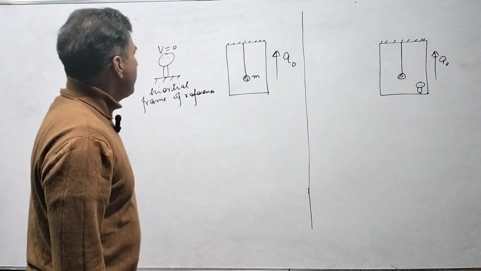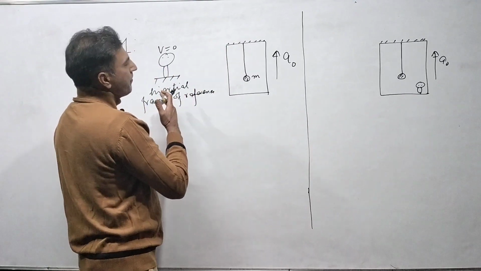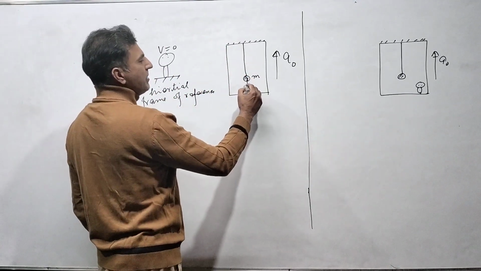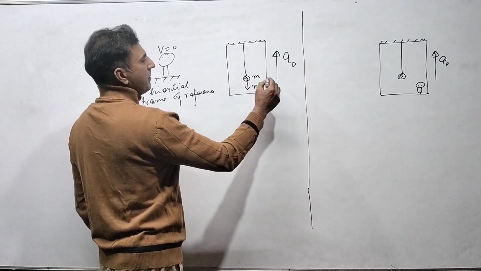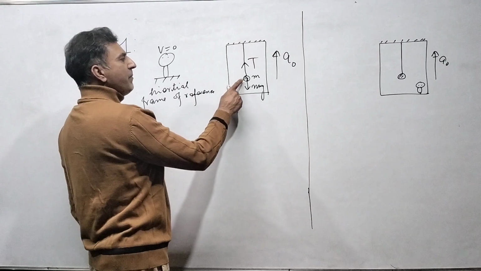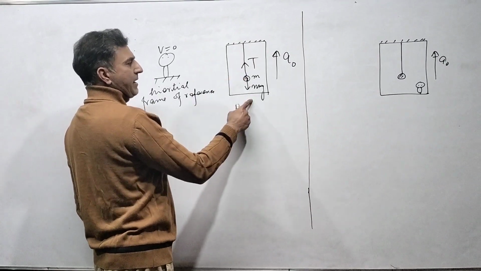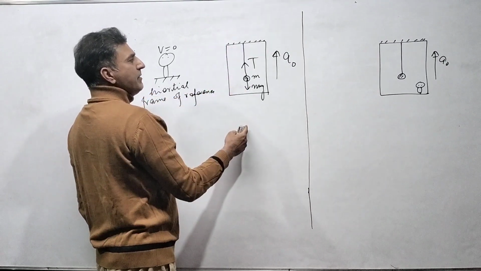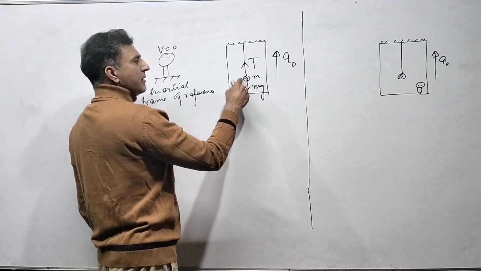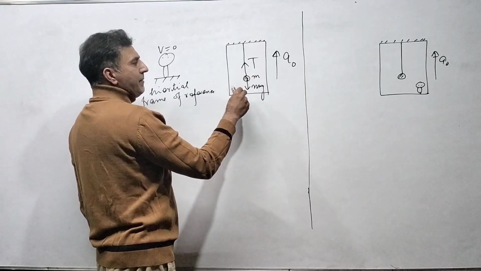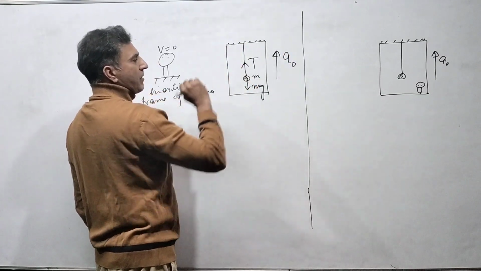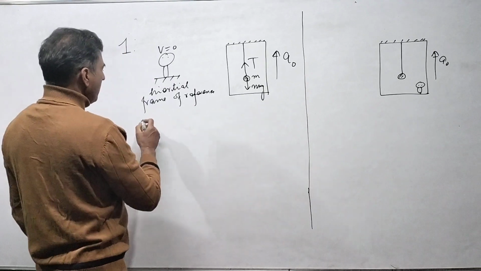Now for the first person, what are the forces on the bob? The forces are mg downwards, tension upwards, and the net force on the bob is T minus mg in the y direction. But this bob is accelerating with a0 upwards because the whole system is accelerating upwards.